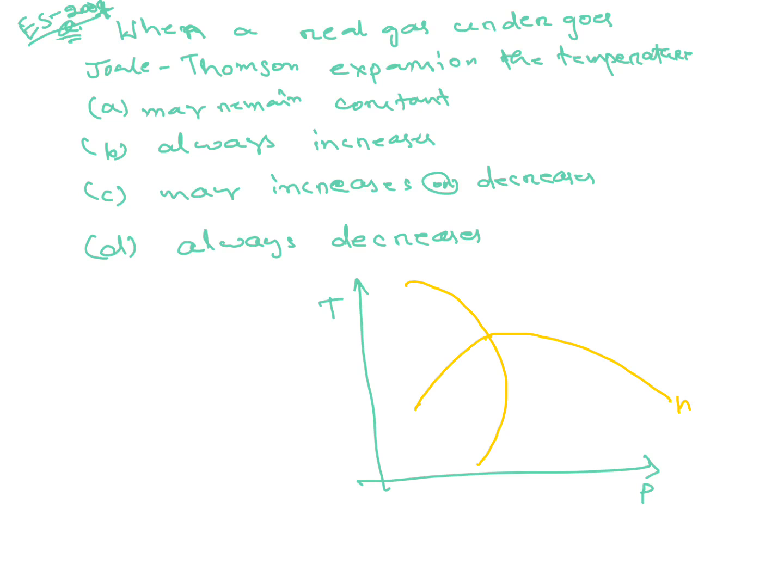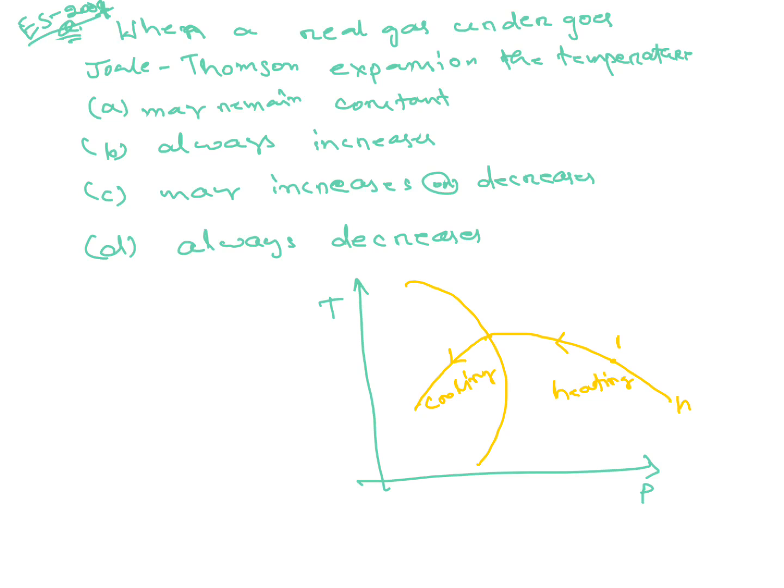So direction is like this. In this region, heating region, here temperature increases, this region cooling region. So we are decreasing the pressure. From 1 we start reducing the pressure.